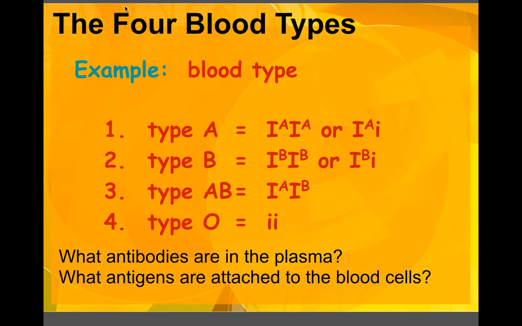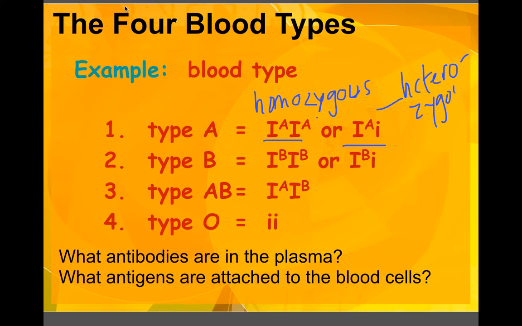It's really important to note that when you see type A blood, there are two versions of type A. One is homozygous, and we also have heterozygous. Type B also has two versions, homozygous and heterozygous.